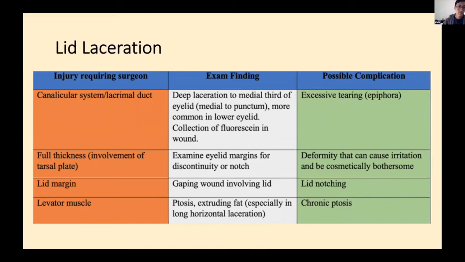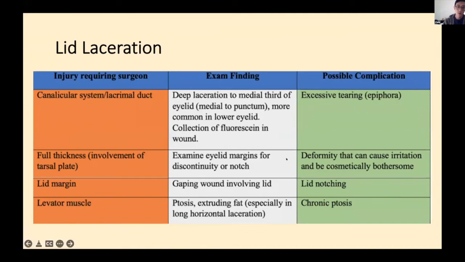The second is if there's a full thickness lid laceration with involvement of the tarsal plate. The tarsal plate is an integral component of the eyelid, and it contains the meibomian glands, which are little glands that secrete the lipid layer of our tear film and help prevent evaporation of our tears.